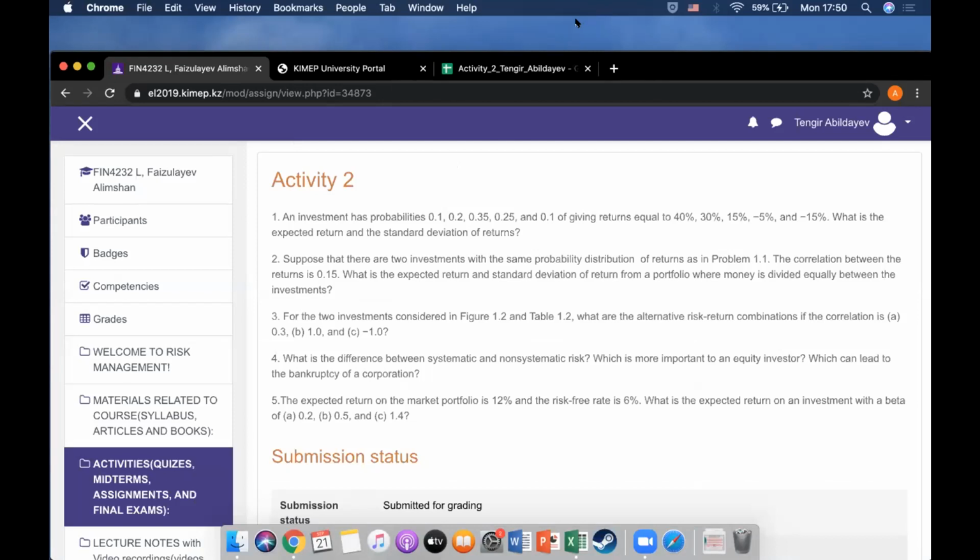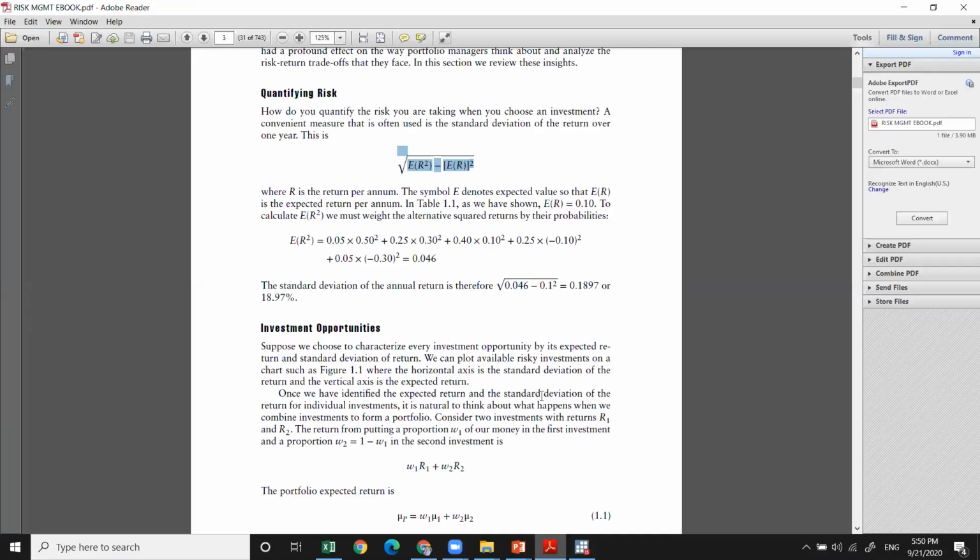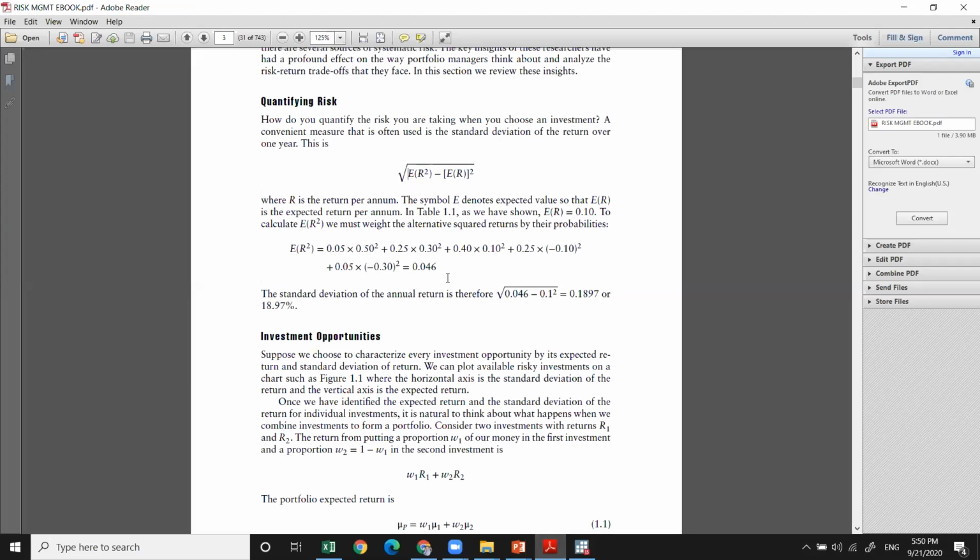I can share the screen so that you can see what I mean by the square root. First, you calculate the expected return, the summation of it, then you subtract it from this return, and you take the square root of it to get the standard deviation. In the first two questions, you should have done it the same. Okay, I get it. Sorry.